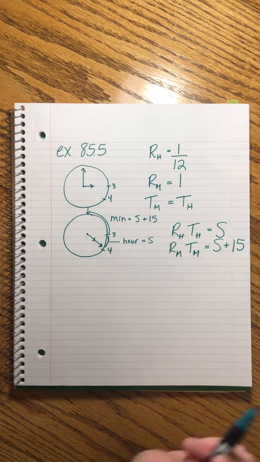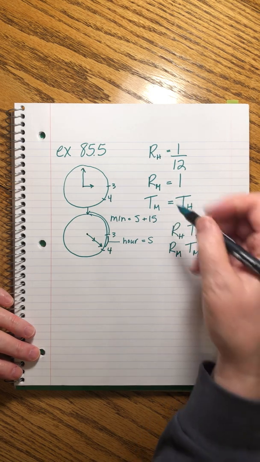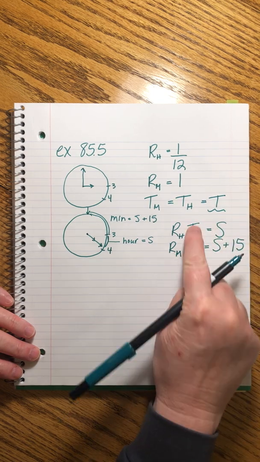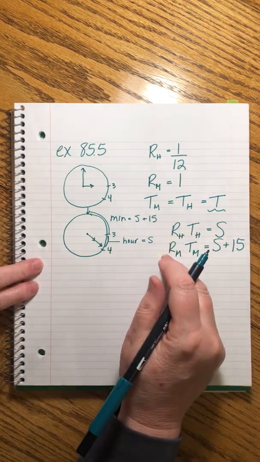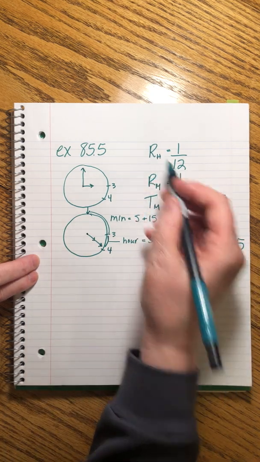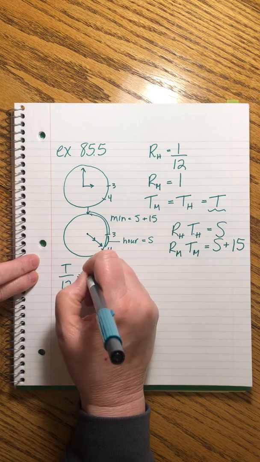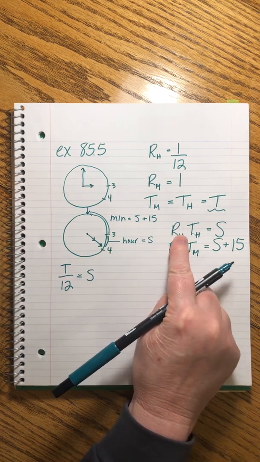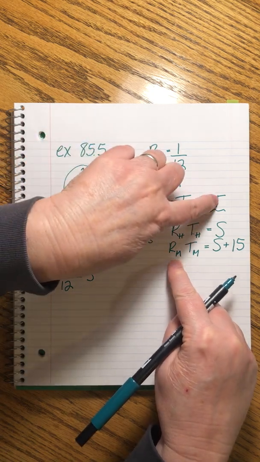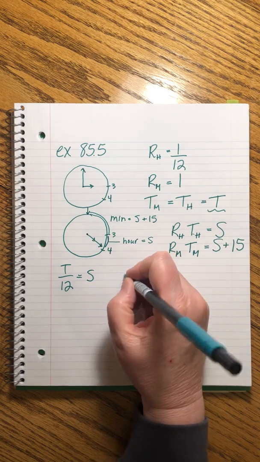Number 1, sub these rates and this time, which we'll just call T, into these. So I'm going to rewrite these 2 over here. I'm going to write T over 12 equals S, that's this one. And then I'm going to write 1 times T, so just T equals S plus 15.